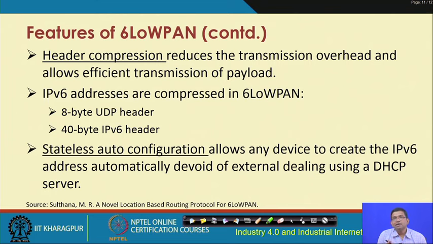Here it is stateless, unlike DHCP. What is used is something similar to SLAAC, stateless auto configuration. So, this stateless auto configuration or SLAAC protocol is used in contrast to DHCP. DHCP is not used in 6LoWPAN.